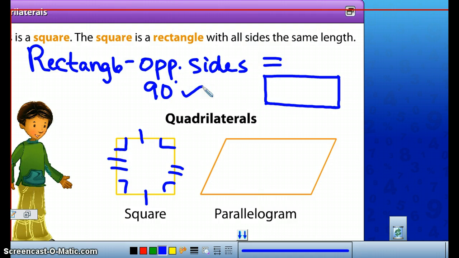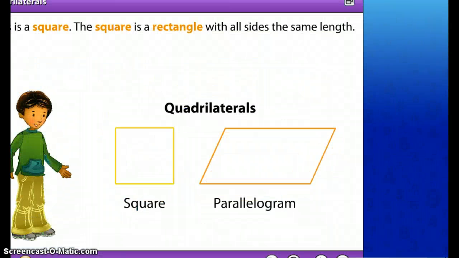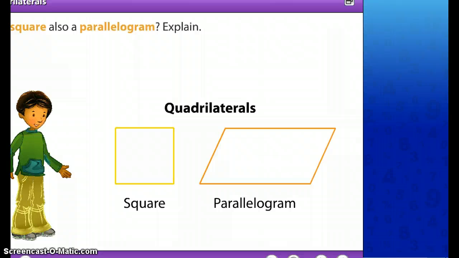But in a square, all sides have to be the same measure, the same length. In a rectangle, all sides are not the same length. I know it gets confusing. A square is a rectangle, but a rectangle is not a square. Try to keep that straight.